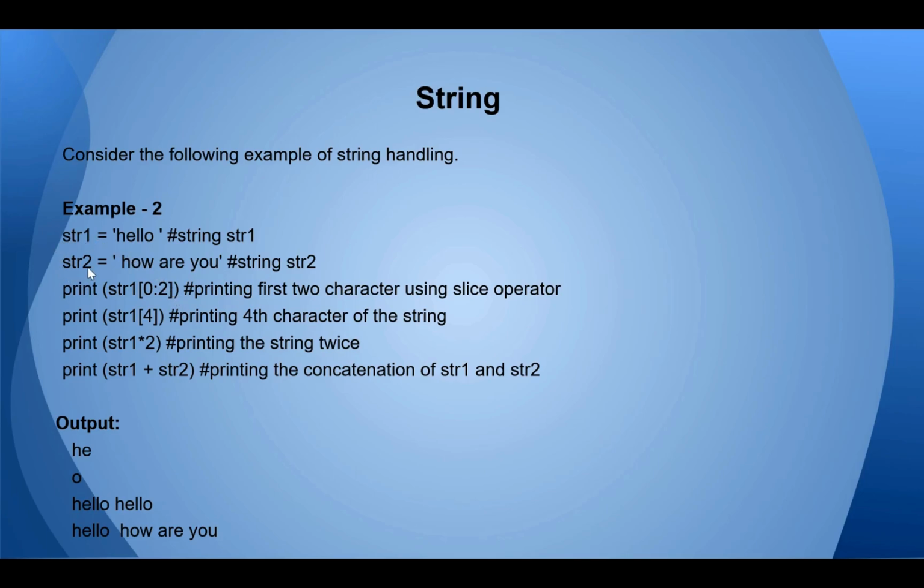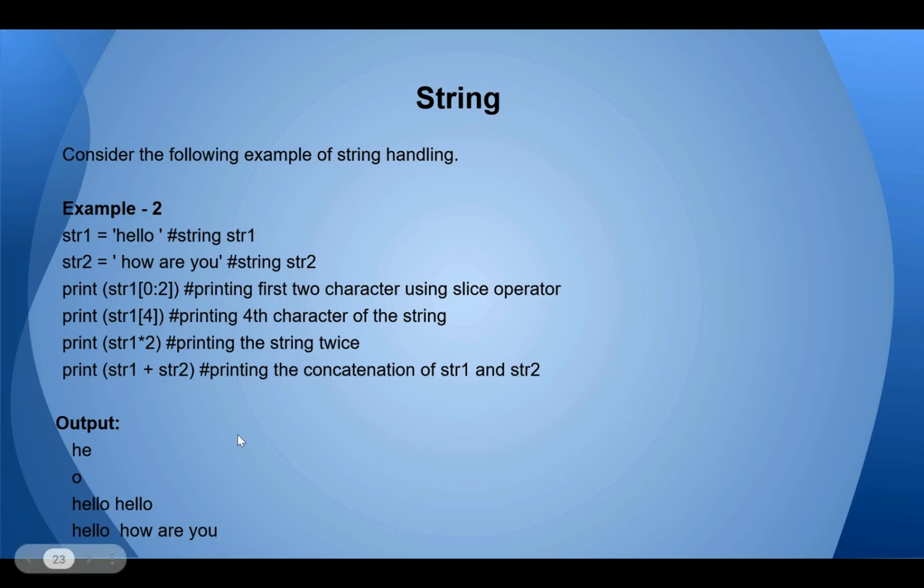Another variable I have is str2, and its value is how are you. As I said, it works on index numbers. In the first variable str1, h will be 0, it always starts from 0. The index number of e will be 1, the first L will be 2, the second L will be 3, and O will be 4.